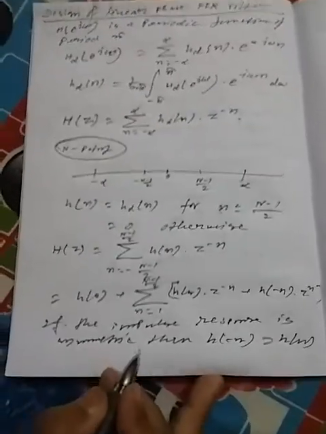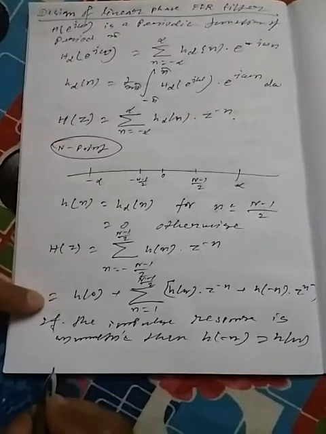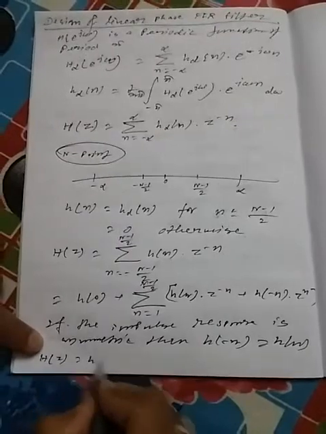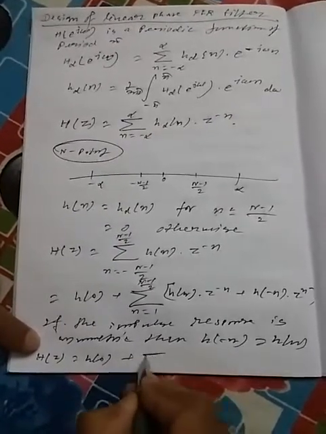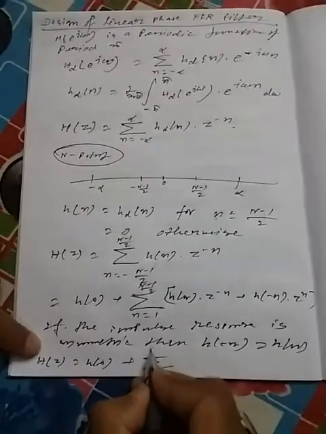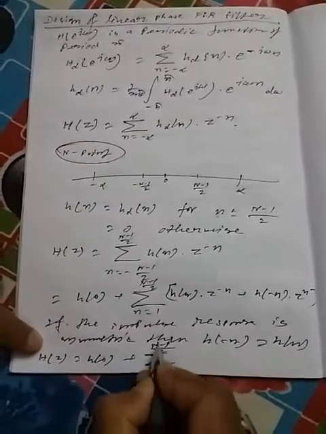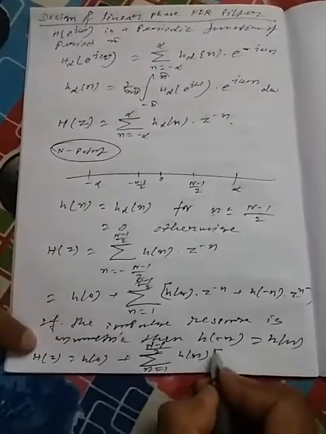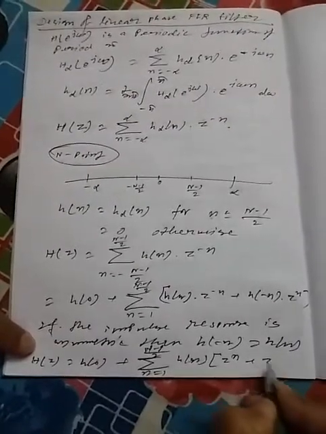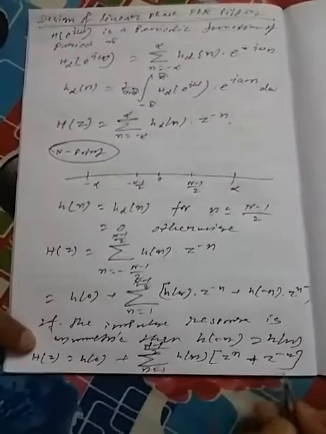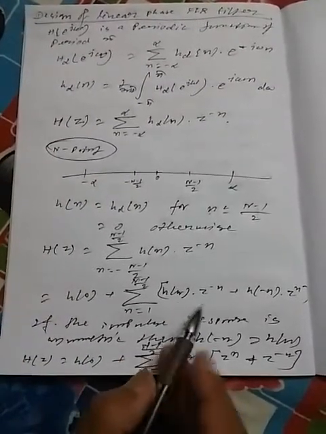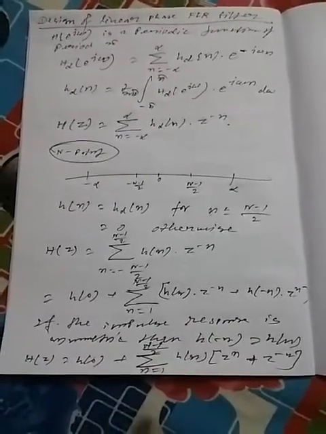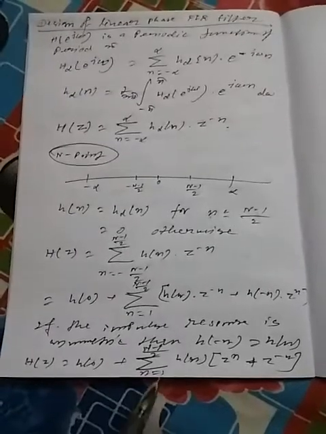In that case we get H(z) equal to h(0) plus summation of n equal to 1 to (N minus 1) by 2 of h(n) into z to the power n plus z to the power minus n, because in this formula h(minus n) equal to h(n), so we can simplify this portion.